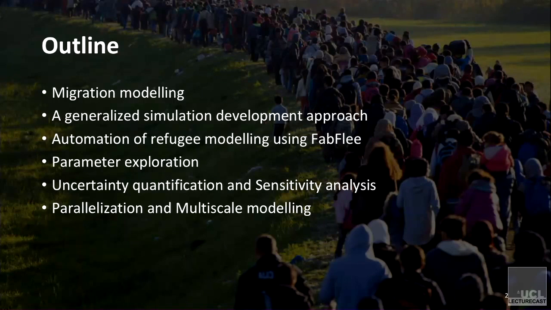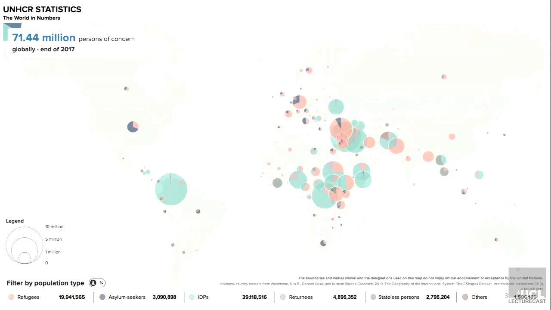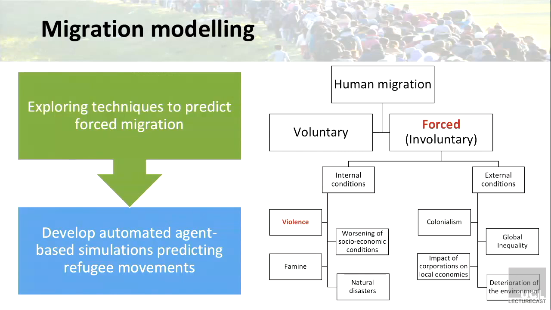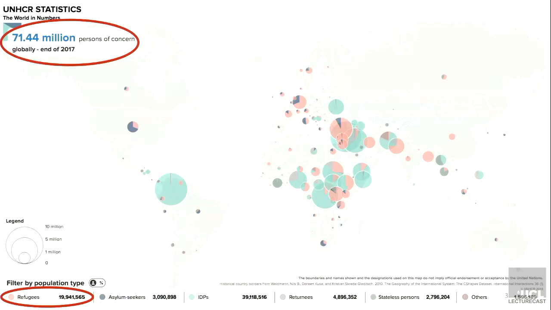So to start with, I want to highlight one of the main aspects that we face today: in the world we have 71.44 million people displaced worldwide. Of which we have more than 20 million refugees, and we have almost 40,000 internally displaced people worldwide.